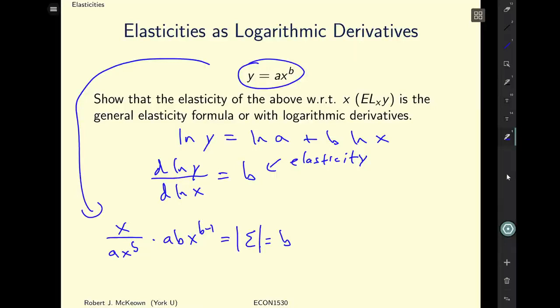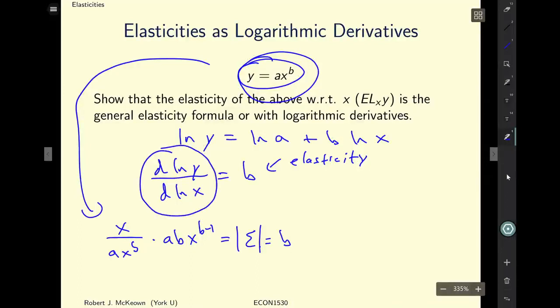So we could have taken the log of this thing up here, and then taken this special derivative. Notice that we're taking it with respect to log x and log y. And it would have gotten us right to the quick answer without having to use the formula that we were using before.